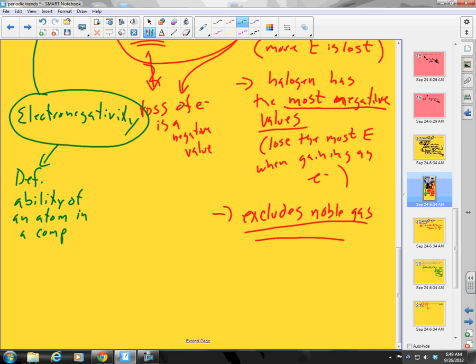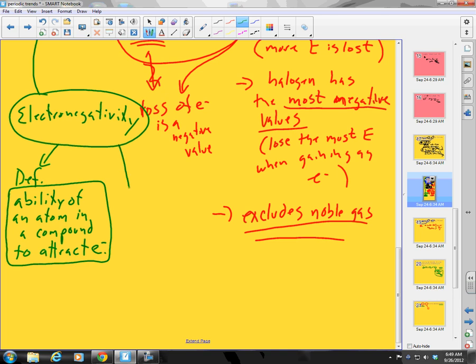So we're not talking about just a naked atom out there. We're talking about an atom that is bonded to something else. It is the ability of an atom in a compound to attract electrons. And we'll get into that more when we talk about bonding.